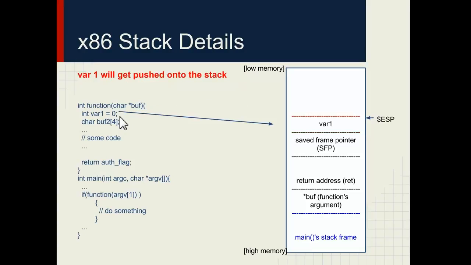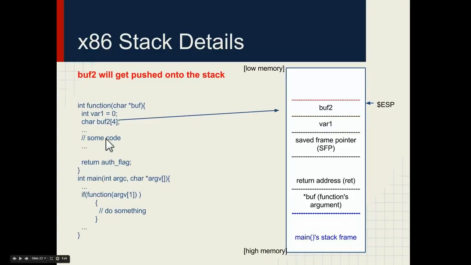So var1 is going to get put on the stack and is going to be set to 0. And then for this 4-character buffer, it's going to allocate it here on the stack.